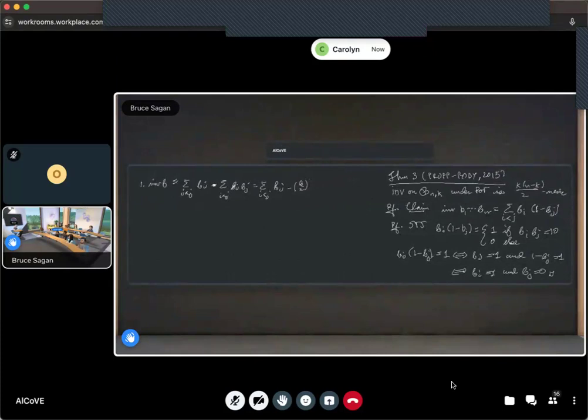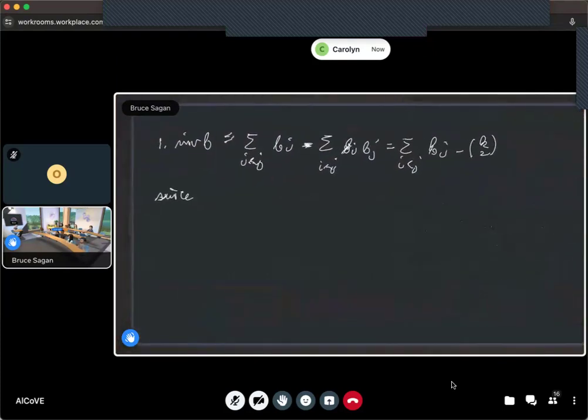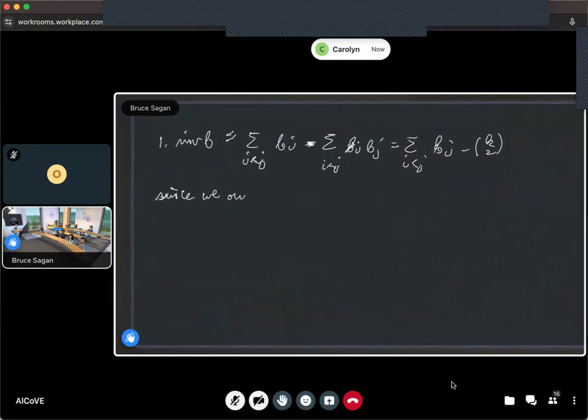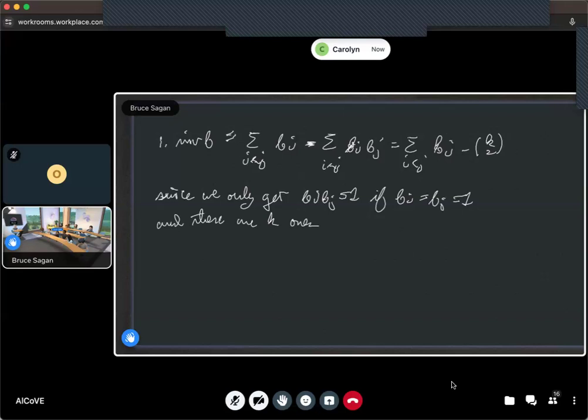So this is since we only get bi, bj equal to 1 if they're both 1s, and there are k 1s. Let's call this equation 1, so we can refer back to it.